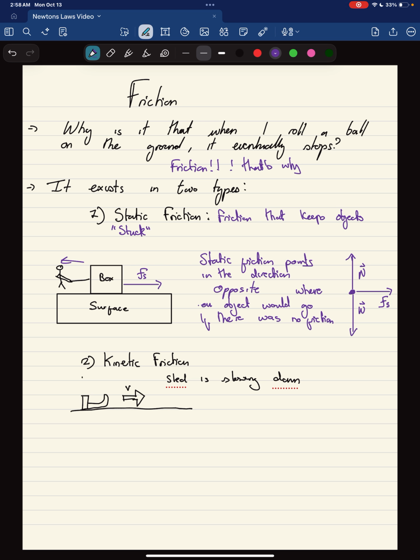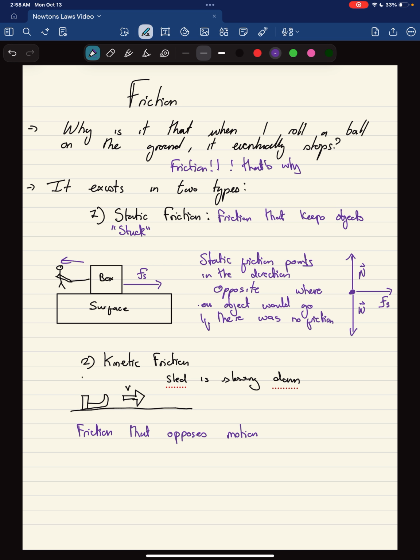And then we also have kinetic friction, which is very easy. This is a friction that opposes motion. If my sled is moving down a slope, it eventually slows down, and that slowing down is due to kinetic friction.